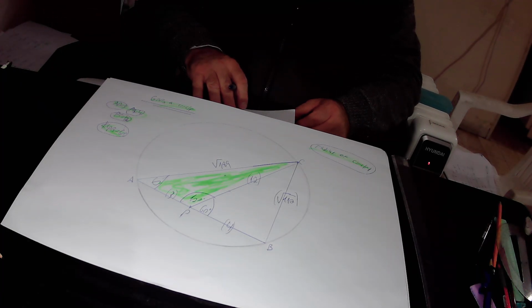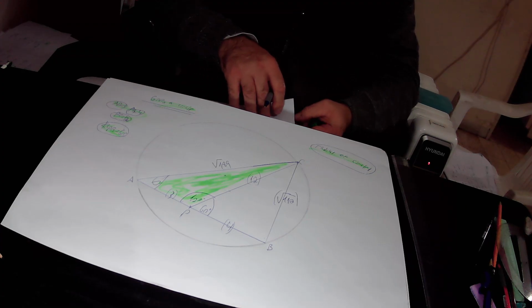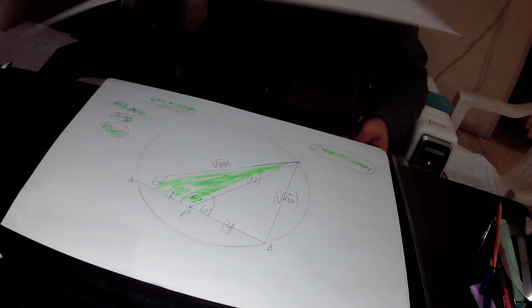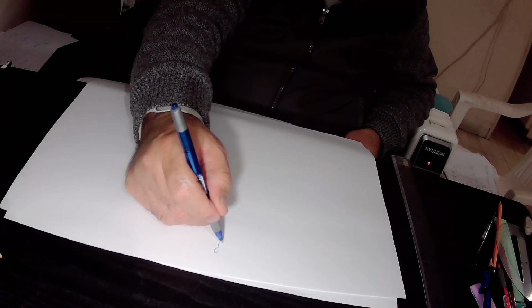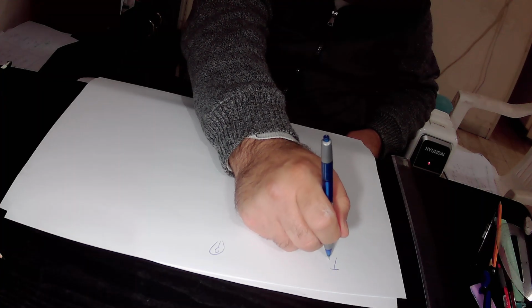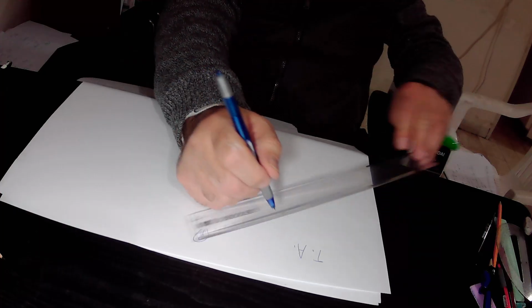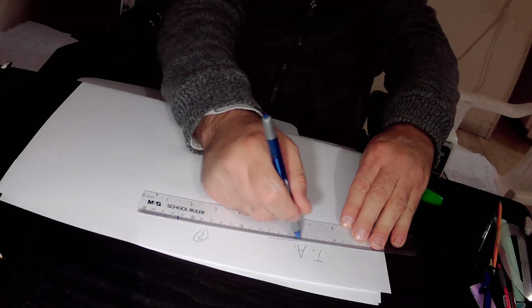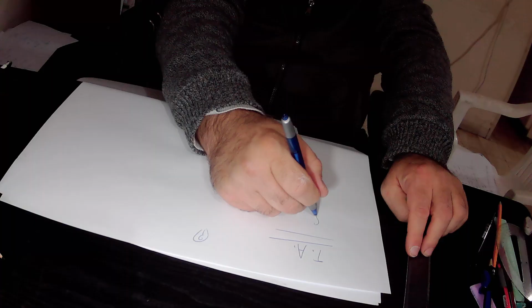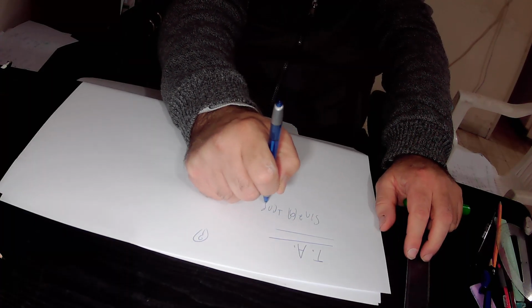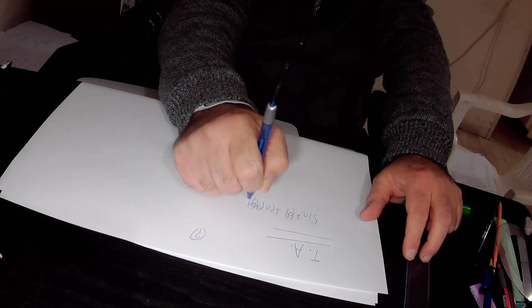Here we use the following trigonometric identity. The trigonometric identity is as follows: sine squared alpha plus cosine squared alpha equals 1.